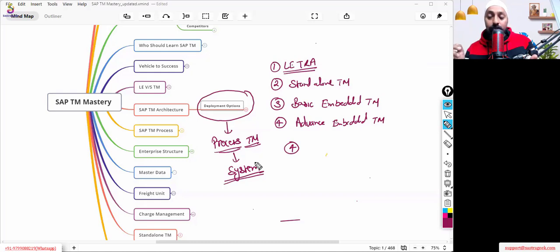After that session, we'll start configuring our own system. That's the point where I will give you the system access, and you will be creating your own first SD organization structure, then TM organization structure after understanding them, and then preparing your system, and then we'll jump into the master data. That's the process we are going to follow.